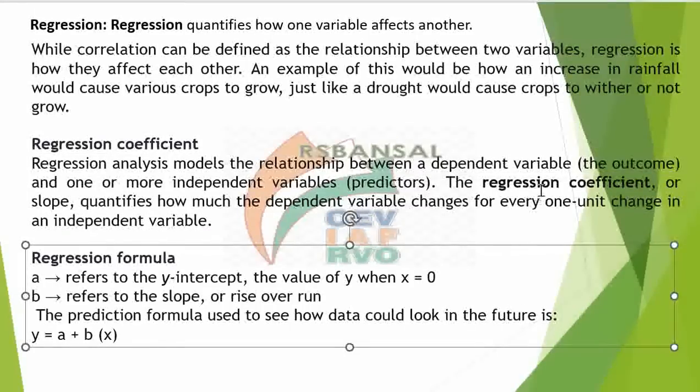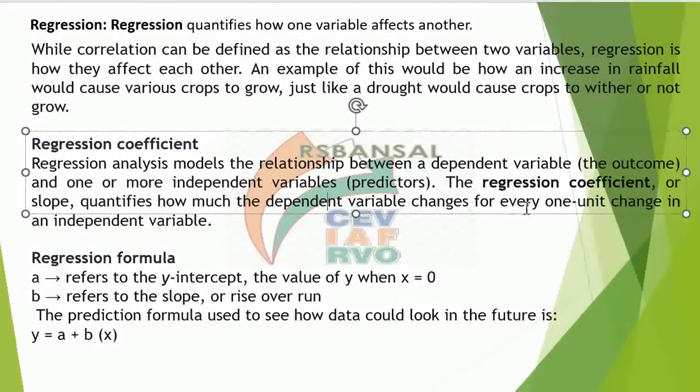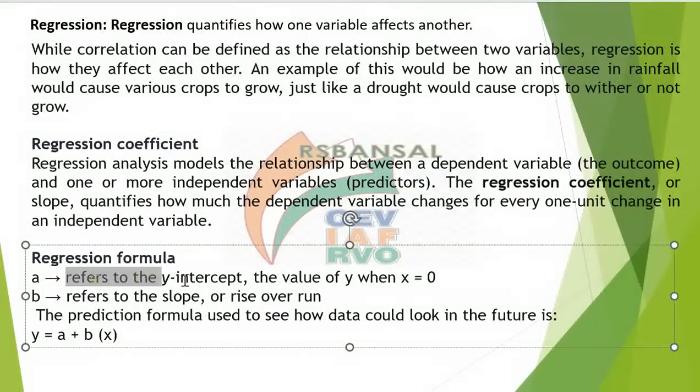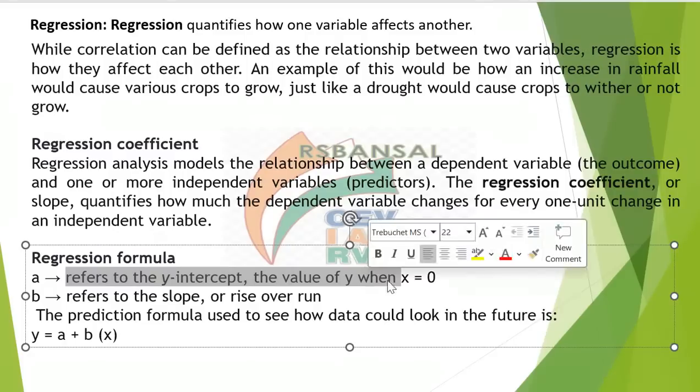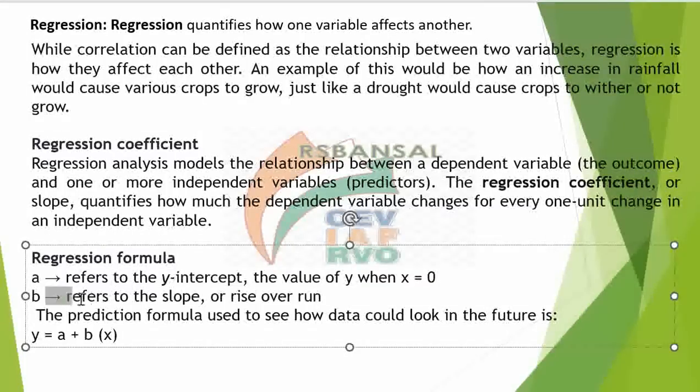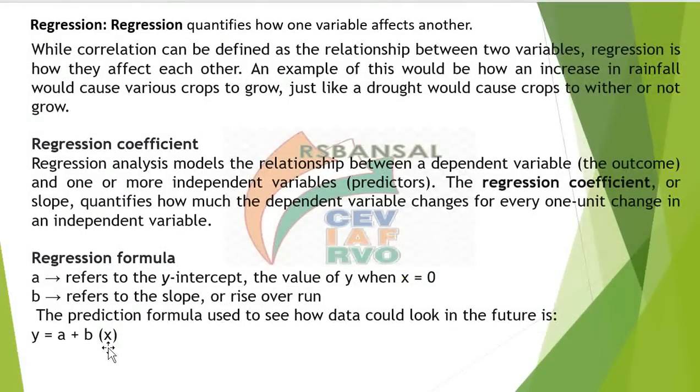The regression coefficient or slope quantifies how much the dependent variable changes for every one unit change in the independent variable. The regression formula is y equals a plus b into x. Here a refers to the y-intercept, the value of y when x equals 0. b refers to the slope, or rise over run.